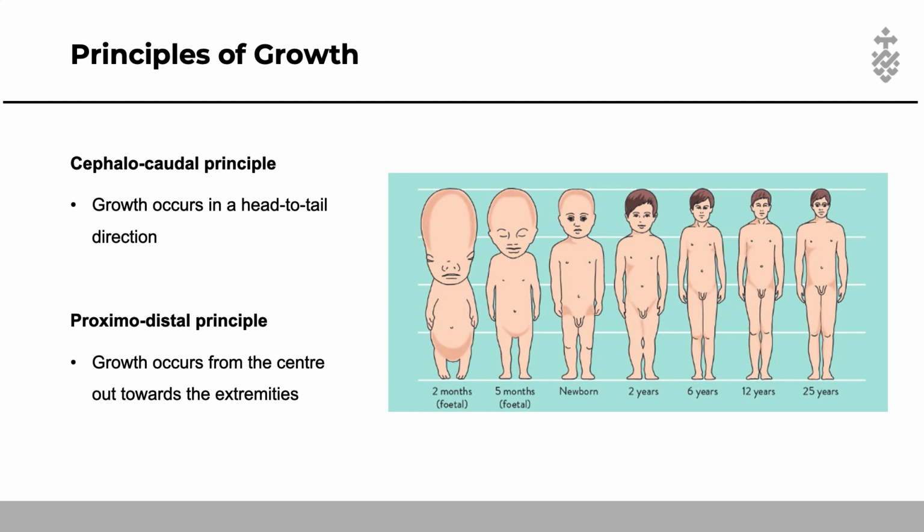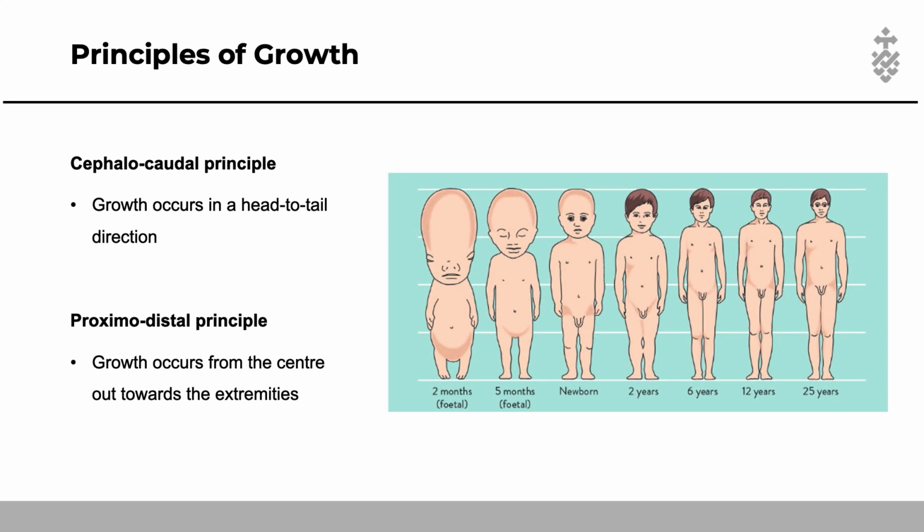Now, for example, the head accounts for 25% of your length in an infant, but only 15% of adult height. So imagine if your head right now was 25% of your whole body height. It would look absolutely ridiculous.